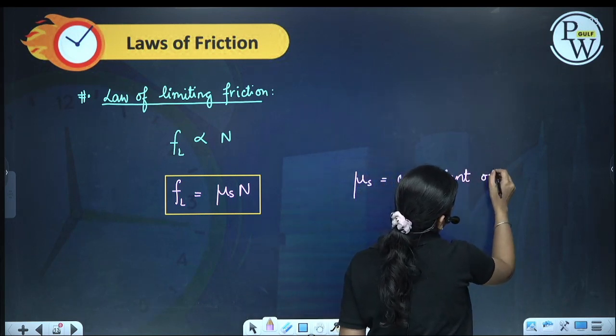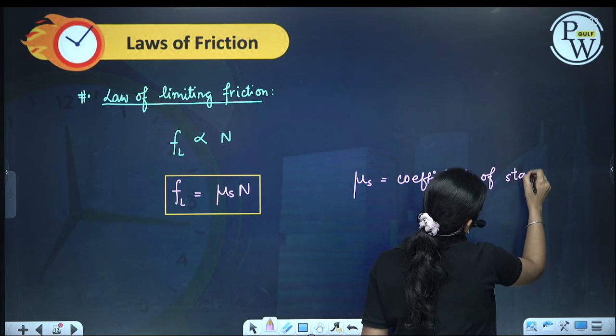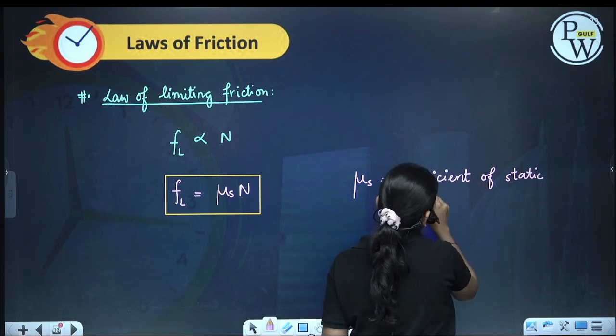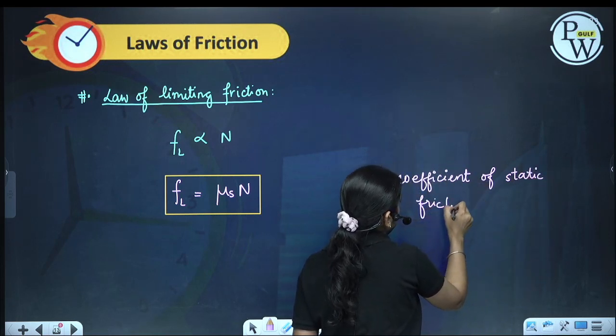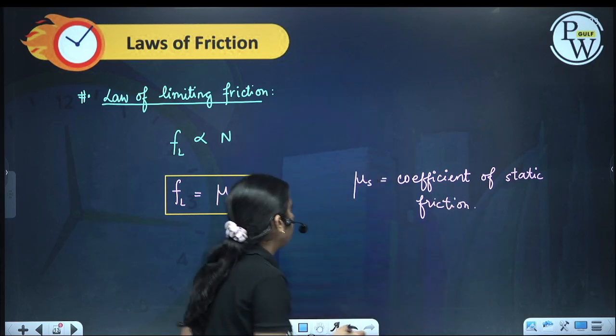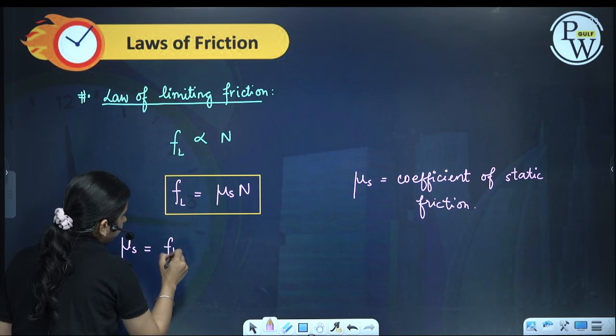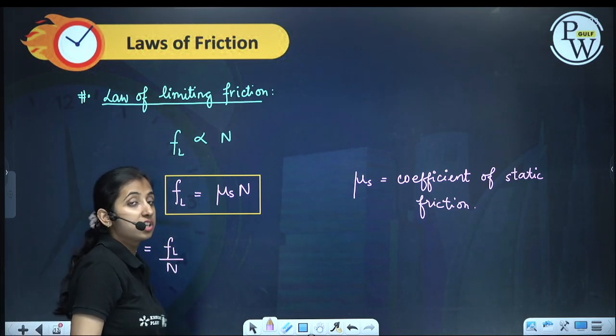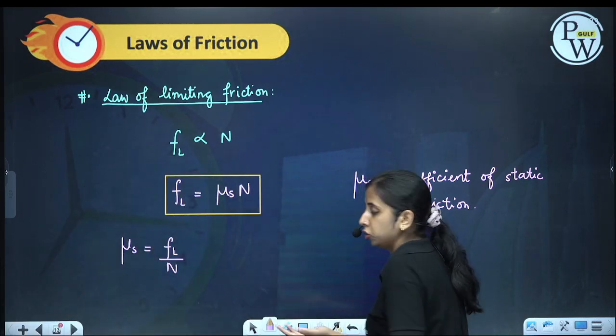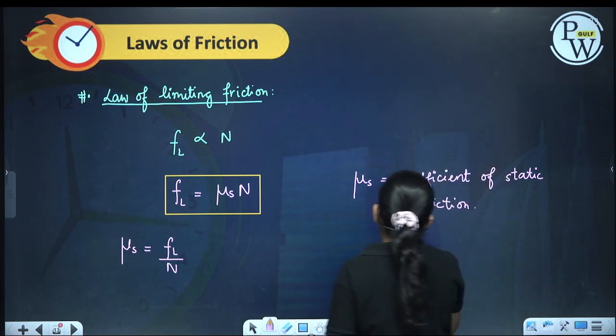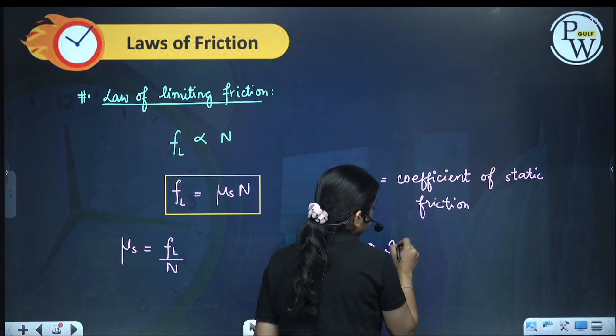Coefficient of static friction. Now mu S will be equal to FL by N. Friction is also a force, normal reaction is also a force, so it has no units.